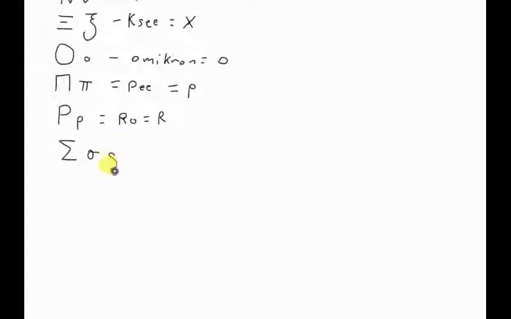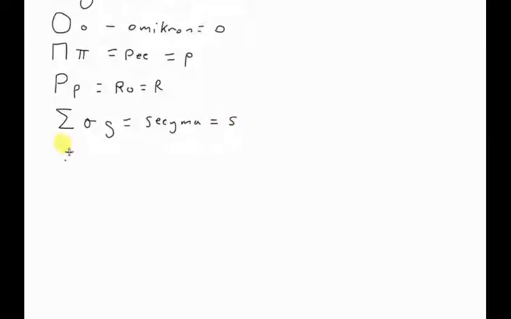But it looks like an S. It just sticks out the bottom of the line. So if this is the line, it goes underneath the line. So this is a sigma. And it makes an S sound.